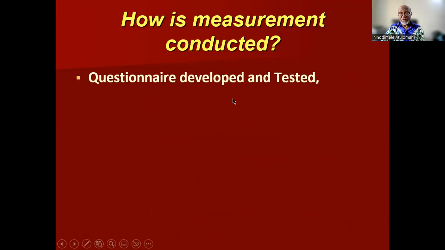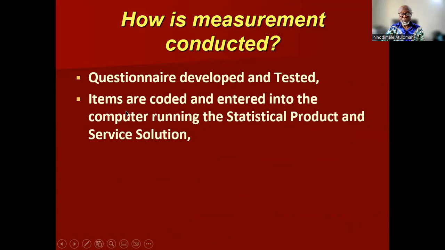Now, the questionnaire is developed and tested. The development of the questionnaire has to be validated through various validation processes, and also tested for reliability. Items are coded and entered into the computer running the Statistical Product and Service Solutions.